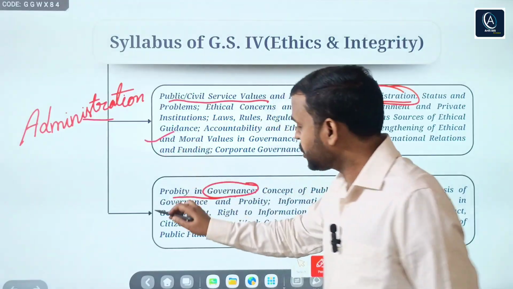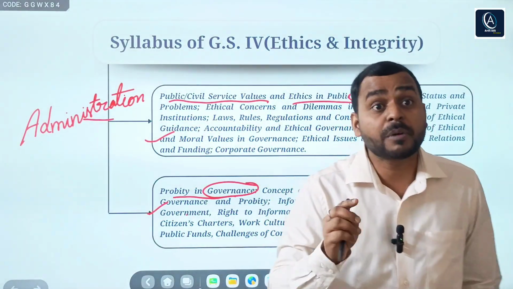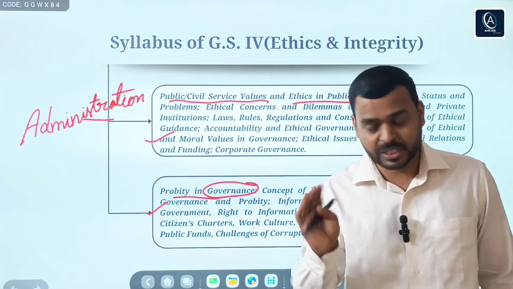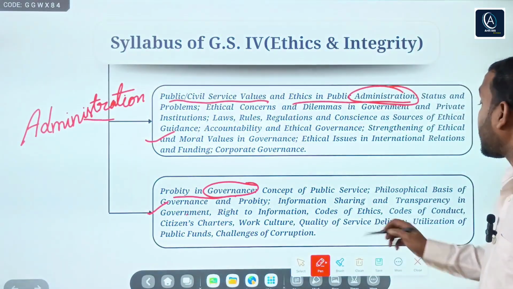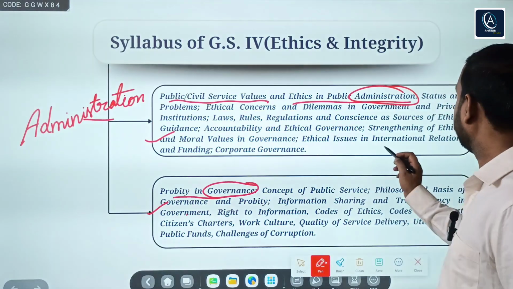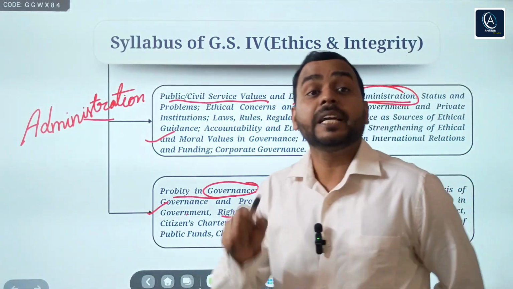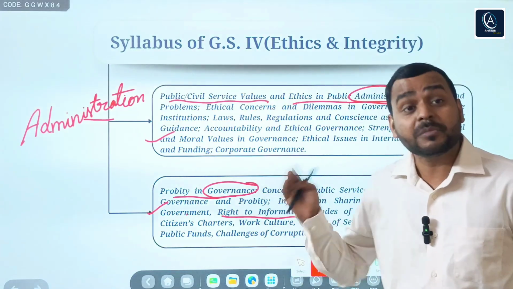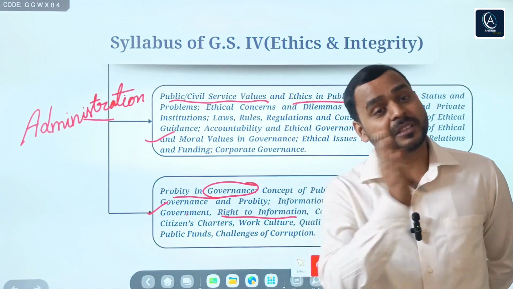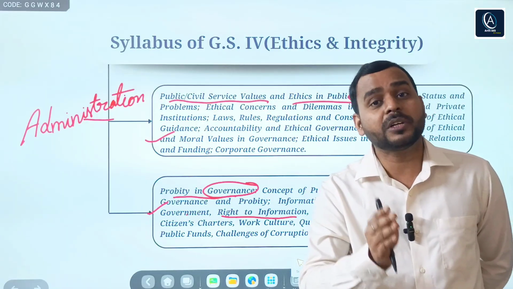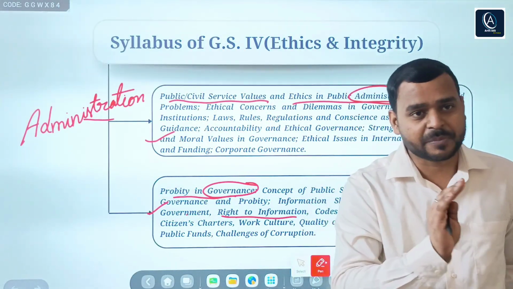See, these two topics overlap with the governance topic of GS paper 2. But what is the difference? For example, in GS paper 2, under the topic governance, you will study about RTI, right to information, from a legal perspective.